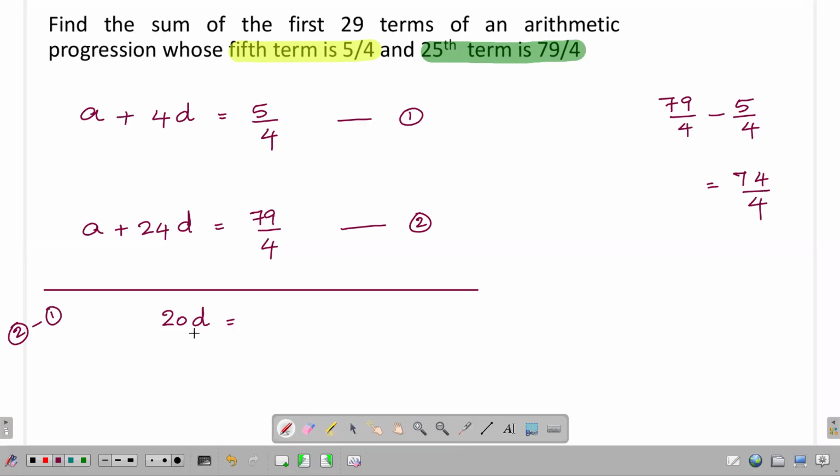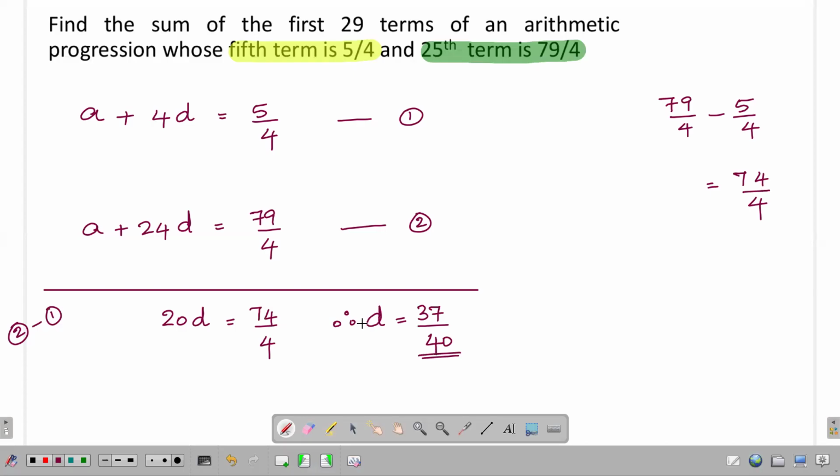So 20 times D is equal to 74 upon 4. Upon solving, the common difference will be 74 upon 80. On simplification, it will come as 37 divided by 40. So that is the common difference that we are getting here.